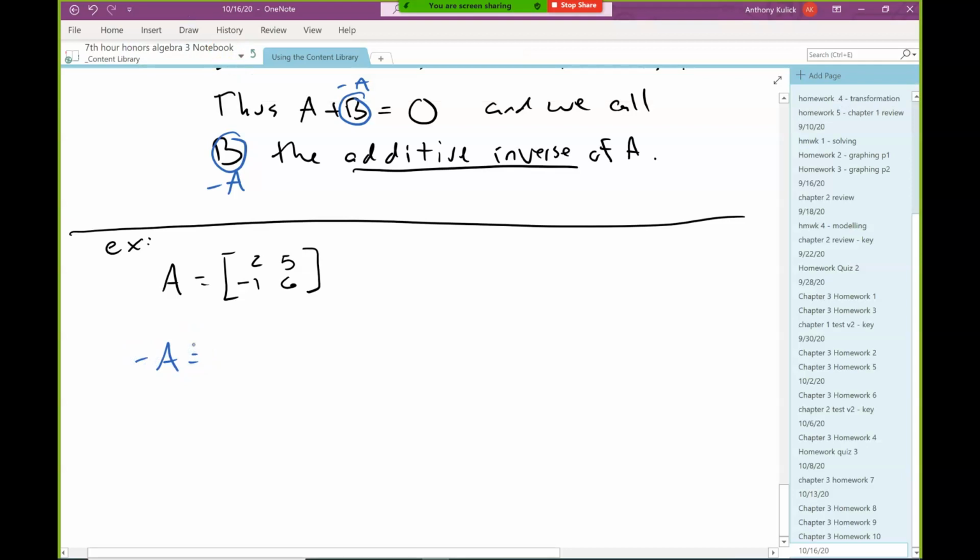What's A inverse going to look like then? Good. Everybody's okay with that?